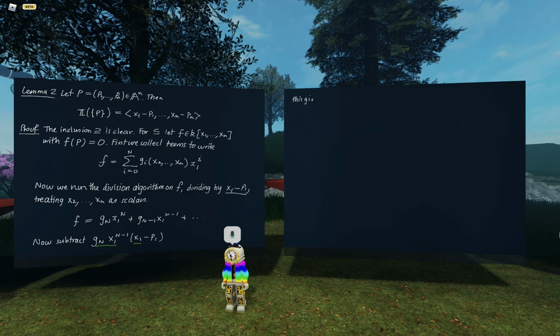All right, when we do that, what happens? Well, the first term cancels. The second term, if we expand out those brackets, is gn x1 to the n minus 1 times p1.